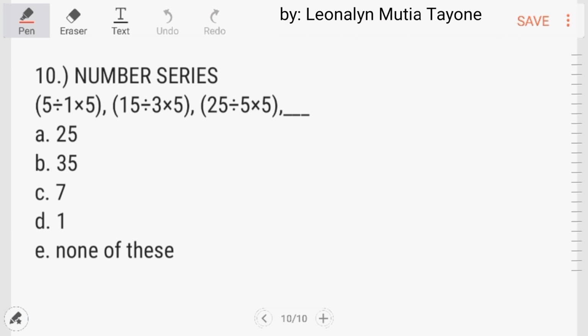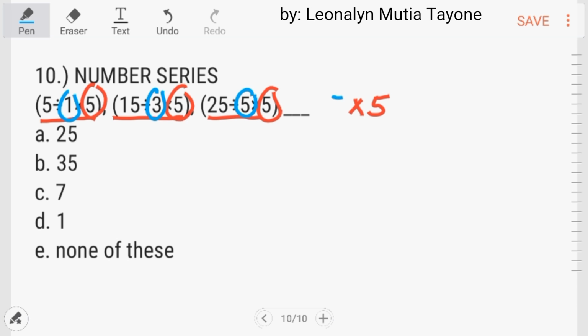Number 10, number series. May lumabas din na ganito nung August yata na civil service. So, ang given ay ganito. Anong napapansin nyo? Pareho lang siyang 5. So, ganun din ang gagawin natin. Parehong 5. Multiply sa 1, 3, 5.